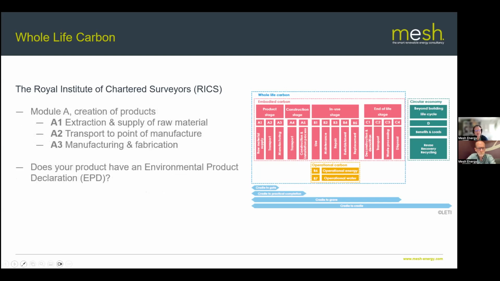So module A in a bit more detail is the extraction and supply of raw material and its transport to site. And the thing to look for these days is really as to whether the products that you're specifying have an environmental product declaration.